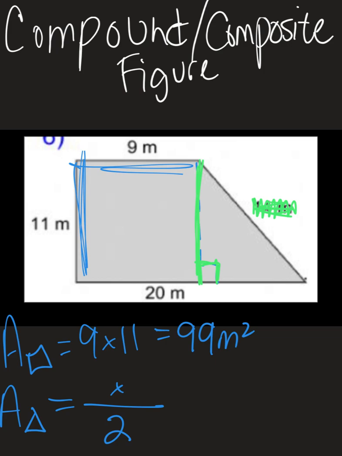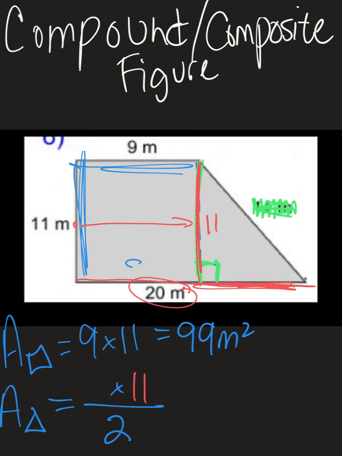But remember, for triangles, I need base and height to be perpendicular. So for them to be perpendicular, I need this information and this information down here on the right. Rectangles have the same length across, so if it's 11 on the left side, that means 11 is the height of my triangle. Now on the bottom it says 20, because the entire way across is 20.